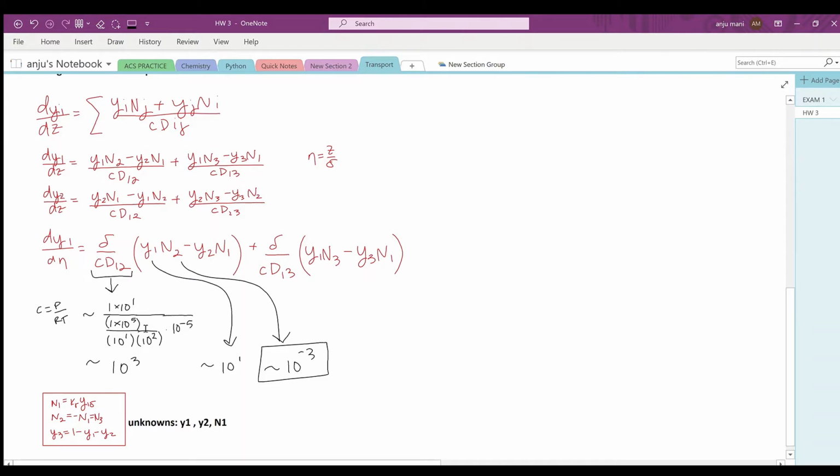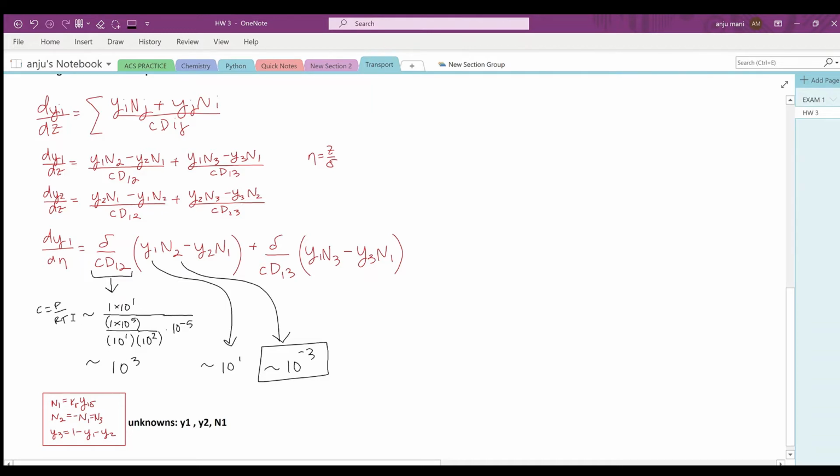Our concentration here, since it's a gas situation we're looking at, can be written as pressure over RT. Our pressure was given as 101.3 kilopascals. Thinking about it in terms of pascals, that would be to the magnitude of 10 to the 5th. Then our R value, our gas constant, is 8.314, so that would be a magnitude of 1.